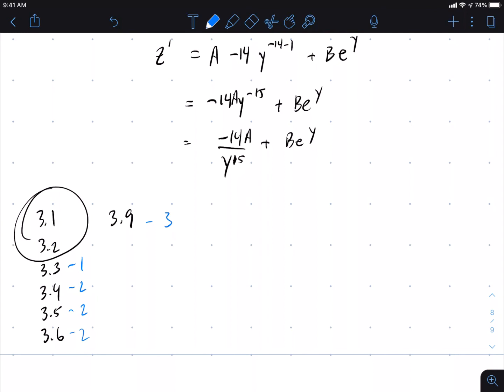In this new brave world we live in, I'm just using WebAssign, but I'm thinking about how I can test you so that I can incorporate multiple steps in one problem, right? I know that the problems I give you in 3.9 are going to incorporate so much of what's in chapter 3.